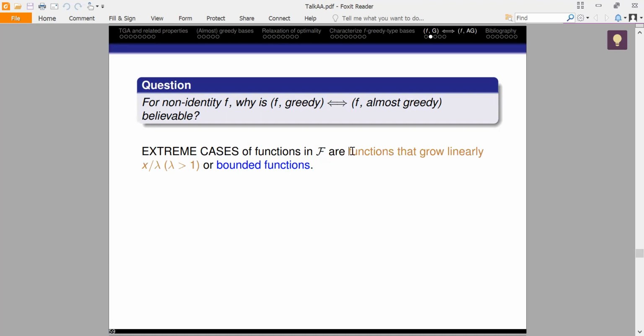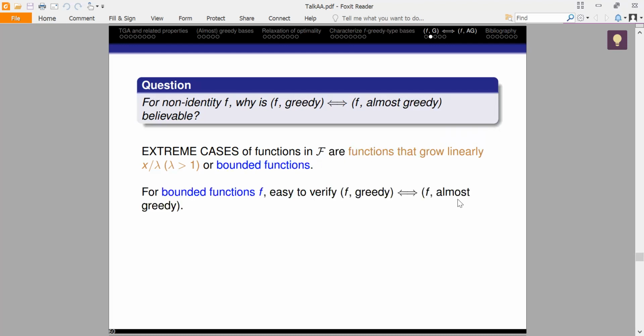So that is one end of the picture. The other end consists of bounded functions. These functions do not grow at all. They grow so slowly that they are bounded by a constant. So let's see what happens in these cases.